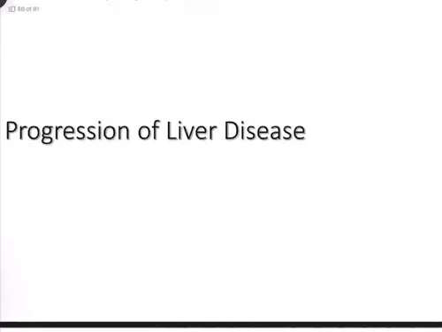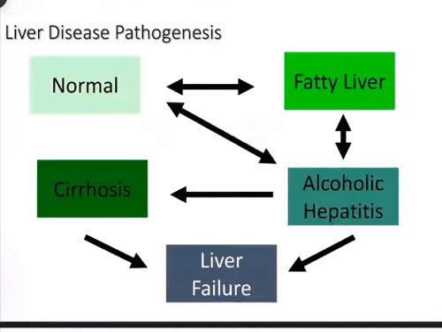Next, what is the progression of liver disease? This is the pathogenesis of liver disease. Your liver is normal. If you introduce an irritant to this, it can revert to a fatty liver first. For example, if we introduce alcohol here, your liver can become a fatty liver or alcoholic hepatitis.